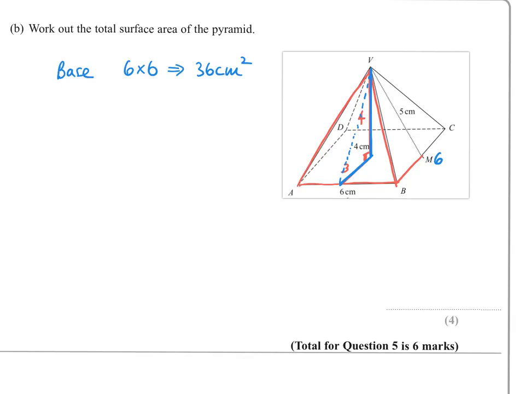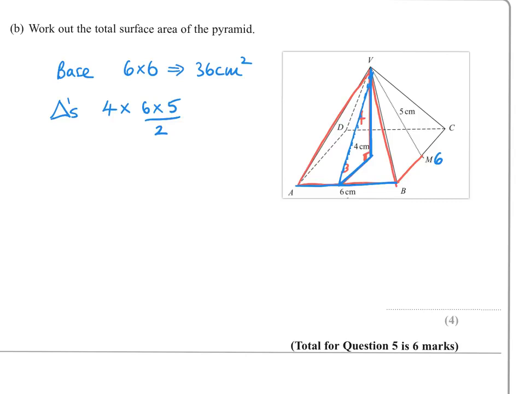So in this case we have 4 of those triangles, so we have the triangles here, and that's going to be 4 lots of base, which is 6, times height, the slant height, which we've worked out, which is 5, over 2, because the area of the triangle is base times height, all divided by 2.